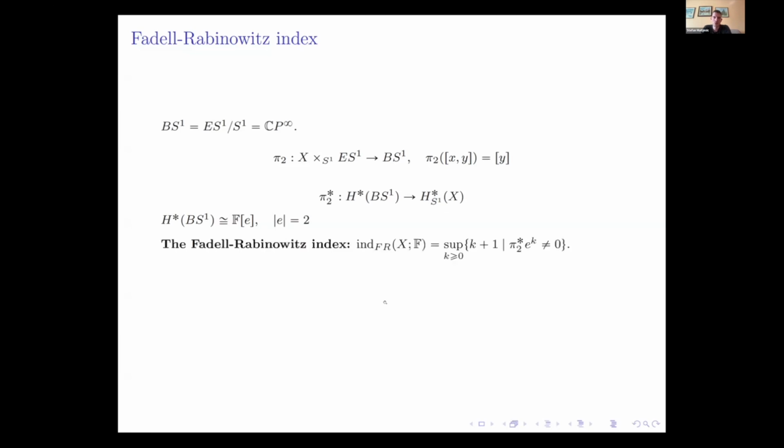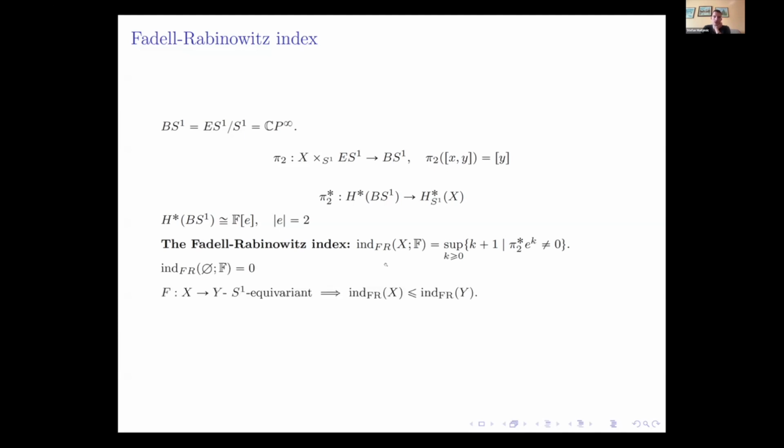And we can pull back the generator and then look at when it disappears, basically with respect to the cup product with itself. So this is what the Fadell-Rabinowitz index is, and because here we have a shift by 1, it will always be bigger or equal than 1 for a non-empty set, and we set it for the empty set to be 0.